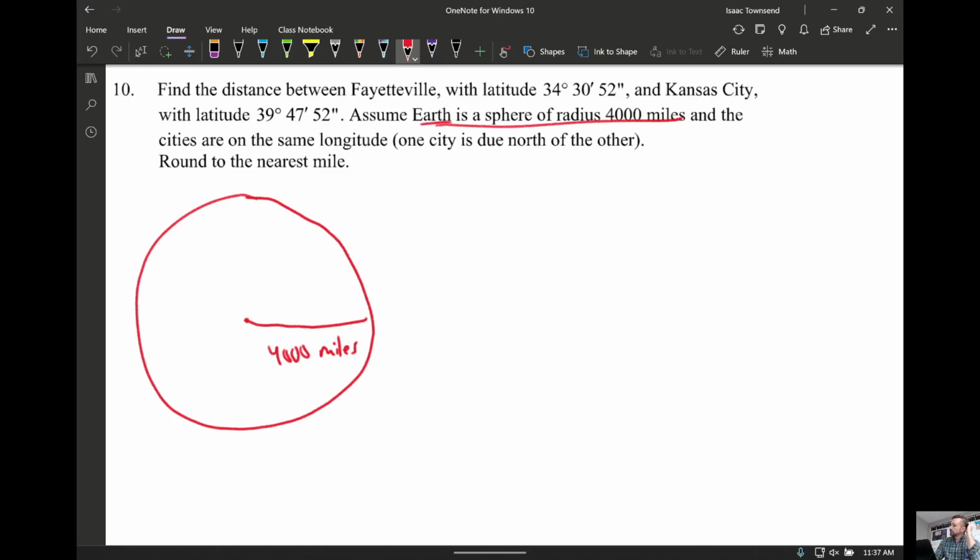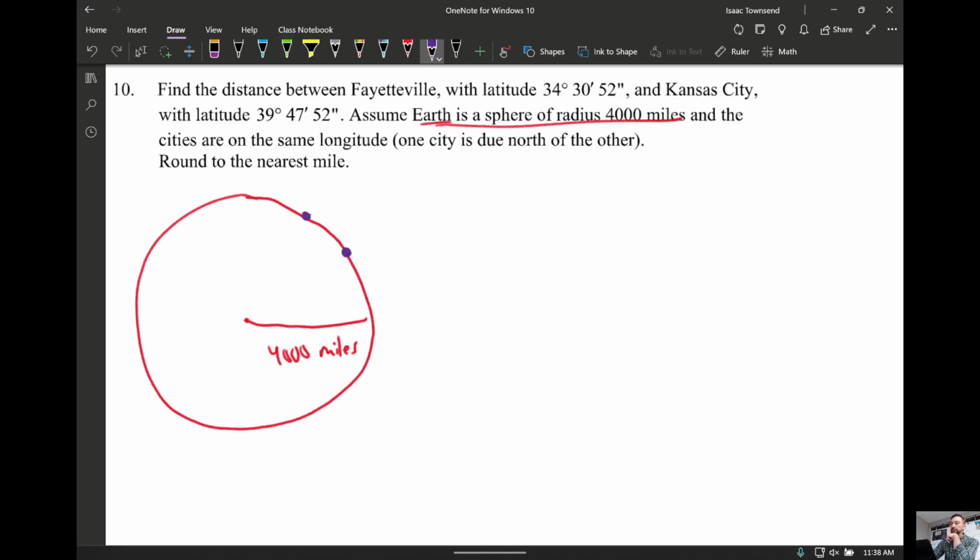We've got 2 cities, Fayetteville and Kansas City. They have different latitudes, but they're on the same longitude. So if they're on the same longitude, you can imagine spinning your earth a little bit to where the cities are on the very edge of your circle. This one's a little bit more than 34.